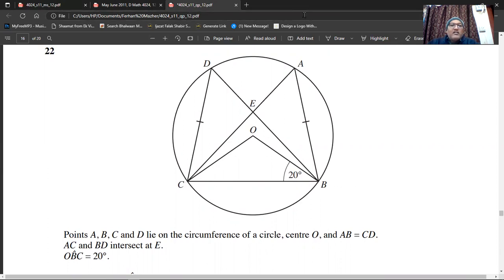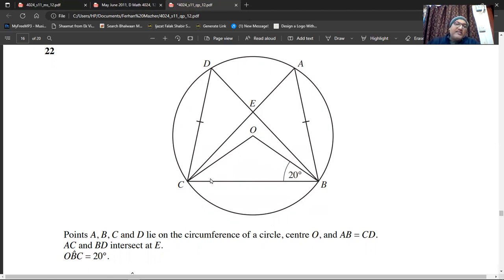The BOC angle is the question. So if you look at this, OB is a radius, OC is a radius. This BOC triangle is an isosceles triangle. So the OBC and the OCB are the base angles of this isosceles triangle.